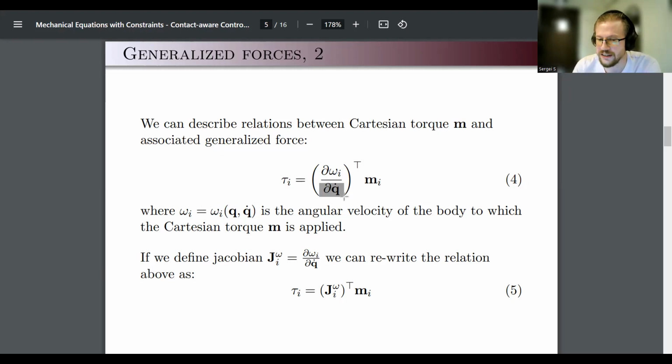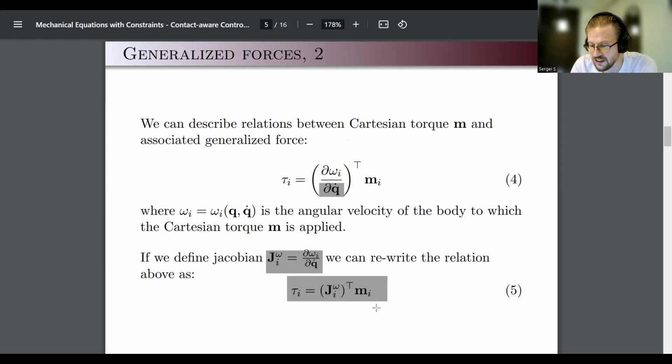Now it is with respect to generalized velocities. So d omega / dq dot, that is a new Jacobian. We can define it as this Jacobian G_i with superscript omega, and it is d omega_i / dq_k dot.